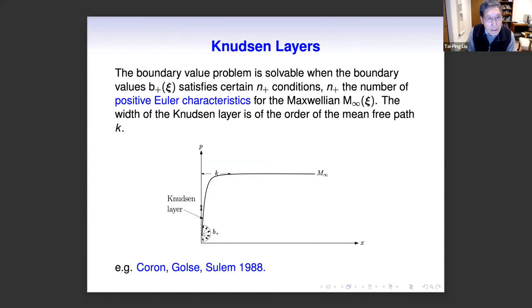You go very quickly, with exponential rate, to M infinity, and the width should be the mean free path. Many people have made important contributions. I just mention this paper by Coron, Golse, and Sulem in '88. So this is the Knudsen layer.